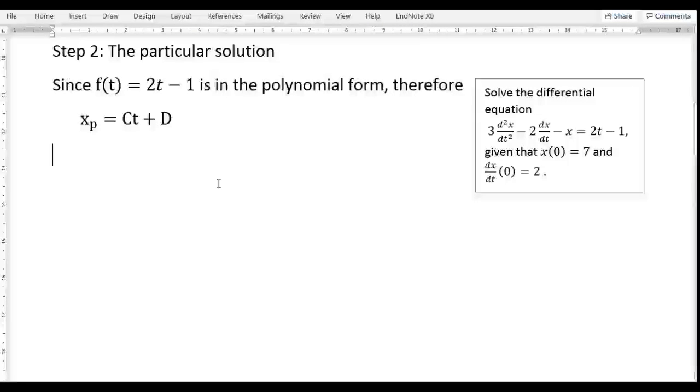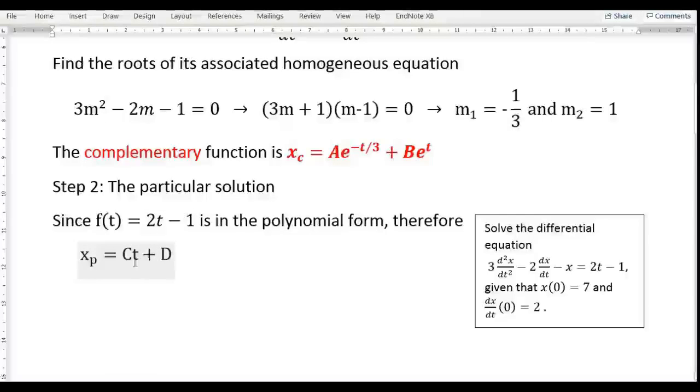Therefore, the particular solution will be in the form of ct plus d. But before we verify that this is the correct assumption, we need to see whether the pattern of this xp is similar to the complementary function that we have obtained. If we compare, the pattern is not similar, so this is the right guess that we make.